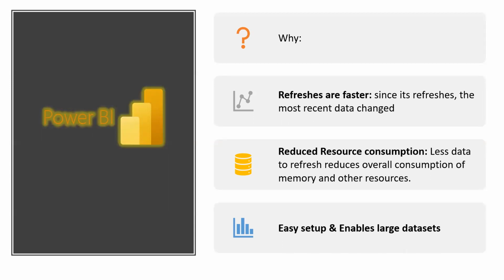The features are why we need incremental refresh. We need it because it refreshes faster. Obviously, it will refresh faster because every time the refresh process starts, it will not take 20 years of data.